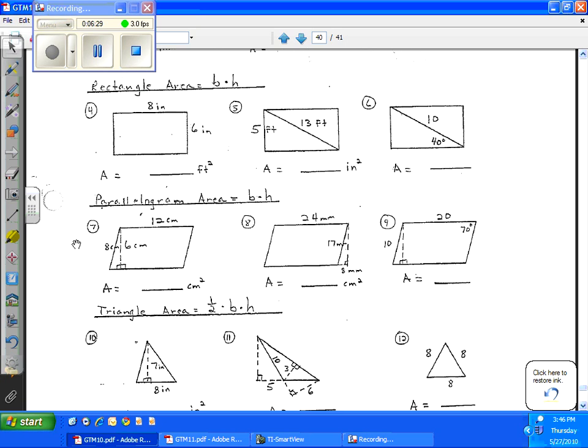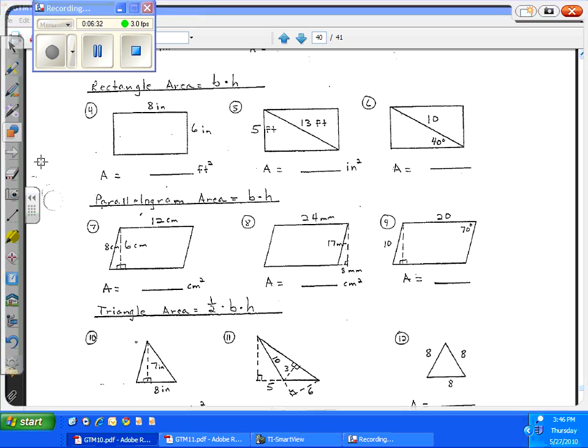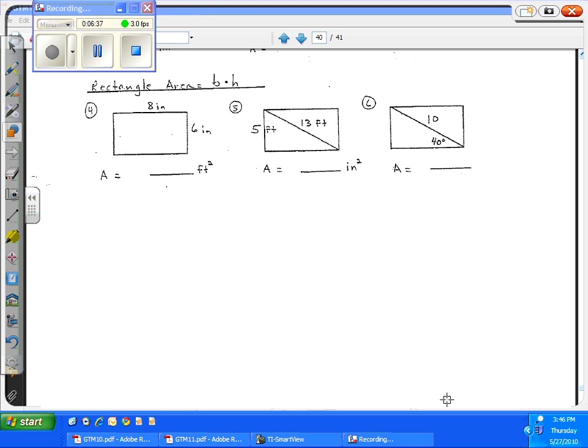Rectangle. The formula for every rectangle is base times height or length times width. We're using base times height because a triangle is half base times height, parallelogram is base times height, trapezoid is half height times sum of bases. So we're using that common language of base and height. Each angle of a rectangle is 90 degrees.